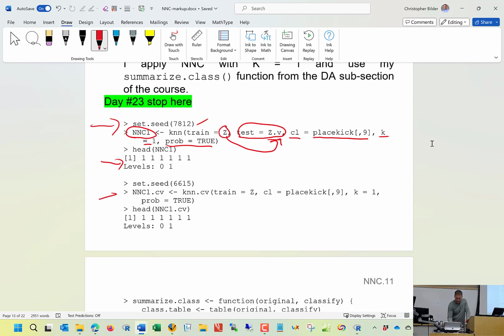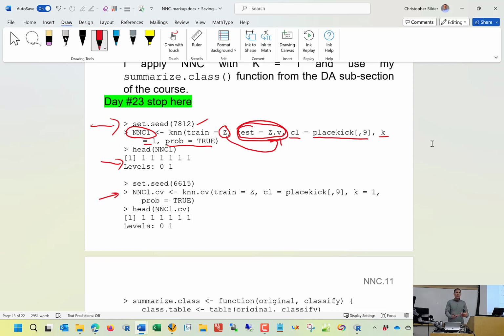Then I'm going to also use the KNN.CV. So in this particular case, notice I don't actually have a test data set at all, because my training data set is what I'm trying to predict, those particular observations.